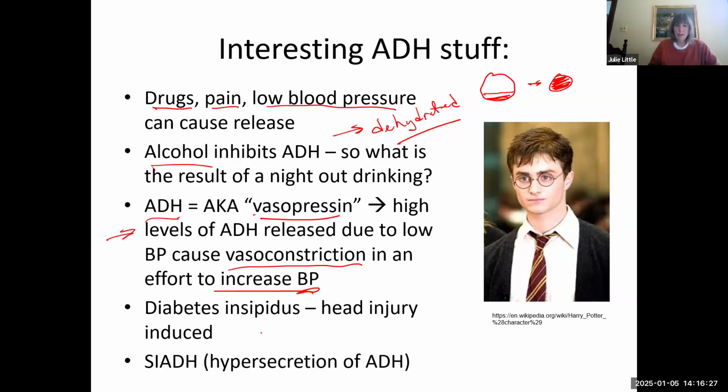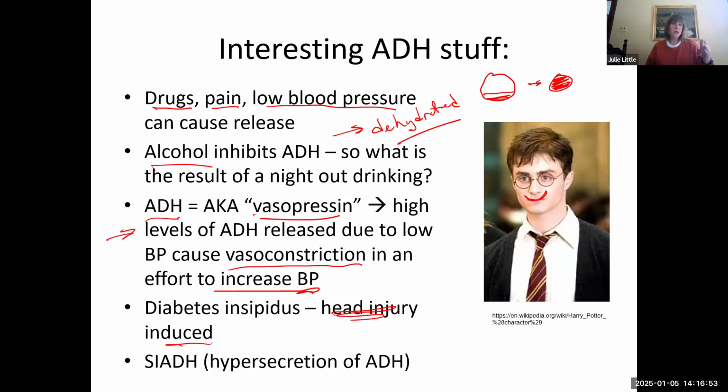Okay, if you get a head injury, sometimes you can develop something called diabetes insipidus. That's not the same kind of diabetes that increases your blood sugar levels. Diabetes insipidus is the kind where you might as well be drinking alcohol all the time, because you lose your blood volume all the time.